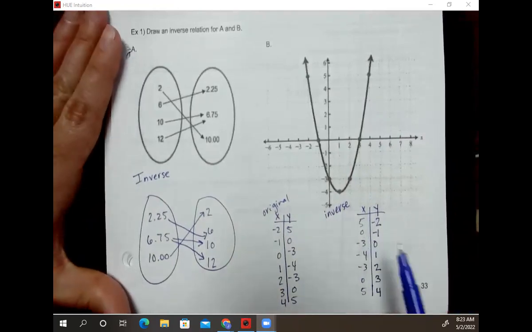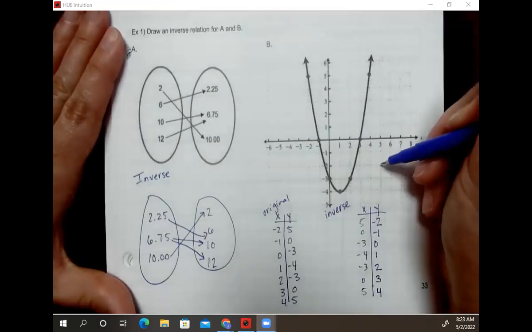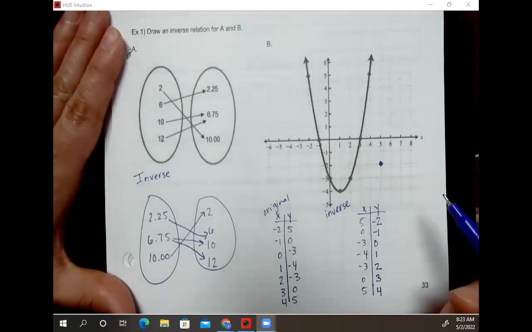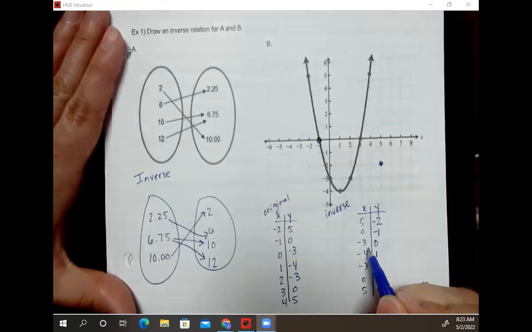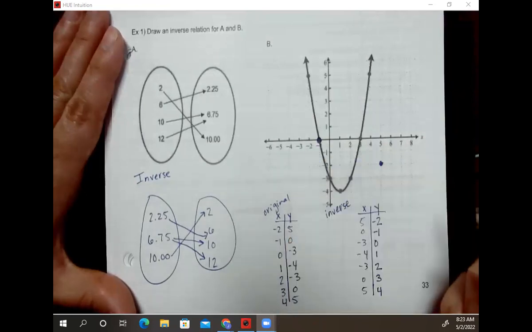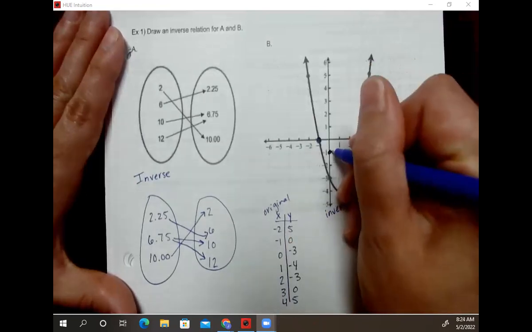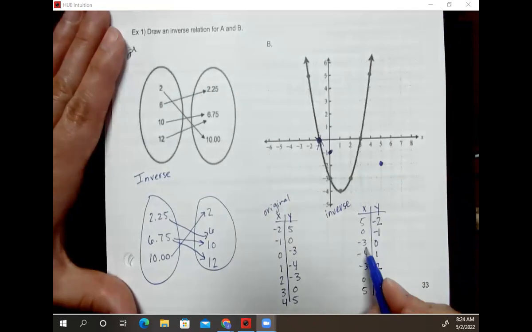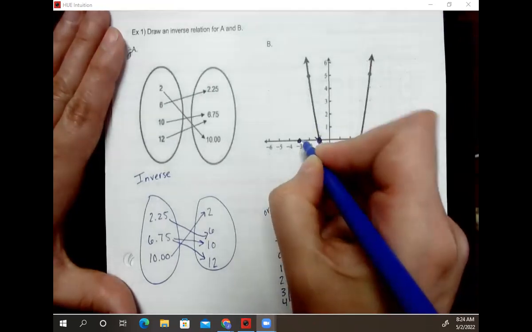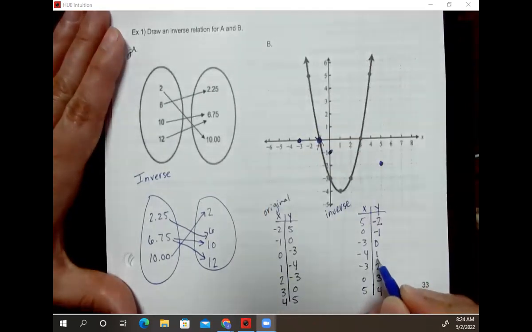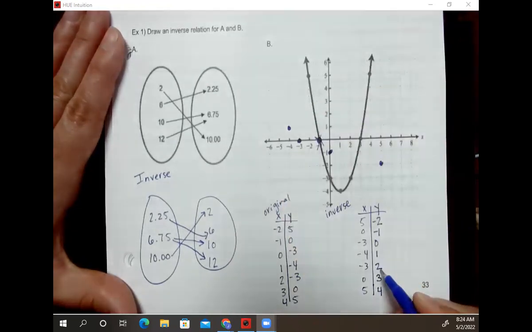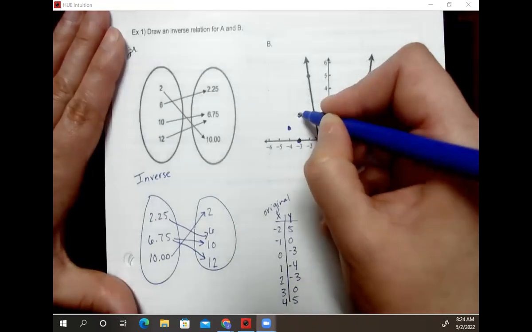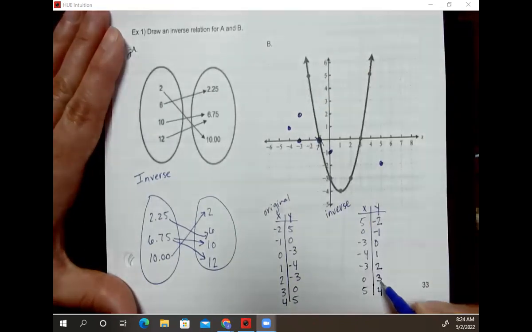So I'm going to go ahead and plot these. I've got the point 5, -2. I've got the point 0, -1, be right here. -3, 0. 0, -1 would be down here, sorry. -3, 0, right there. -4, 1. -3, 2. 0, 3.